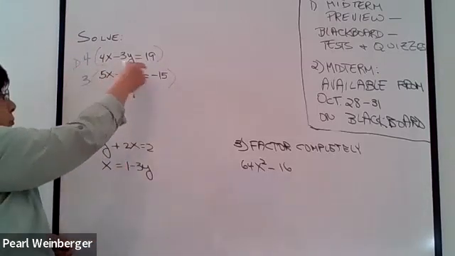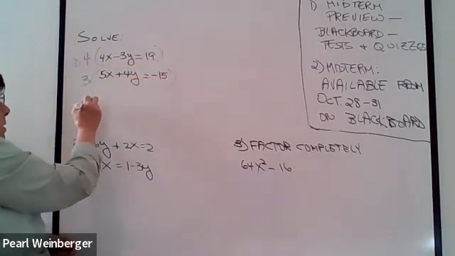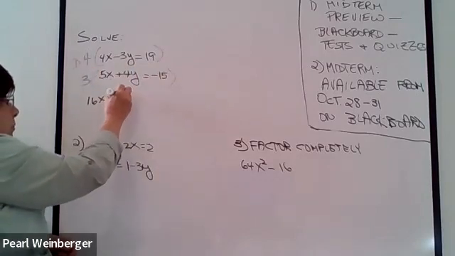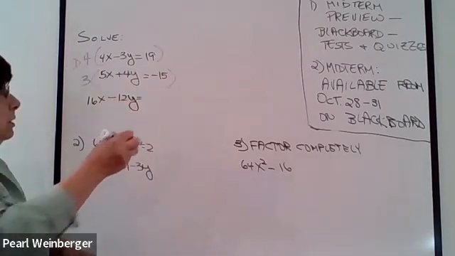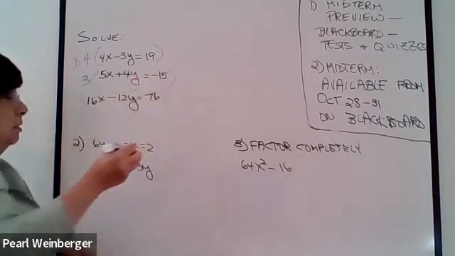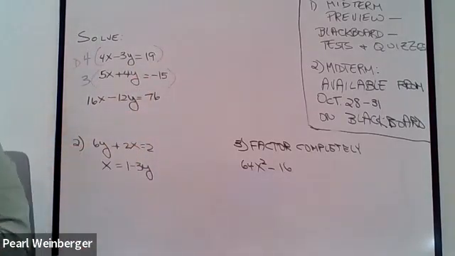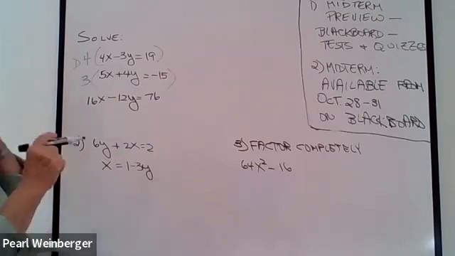So when we multiply the top by 4, it will give us 16x minus 12y equals 4 times 19, which is 76. And of course, you could use a calculator when you're doing this. So you could just multiply the 4 times the 19.